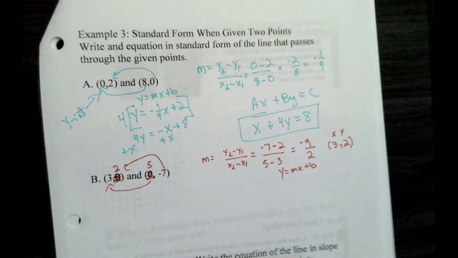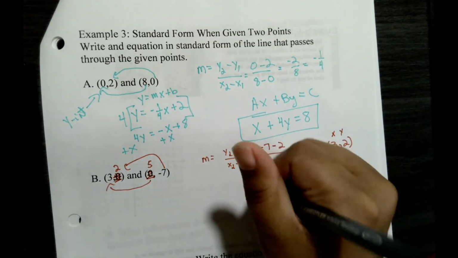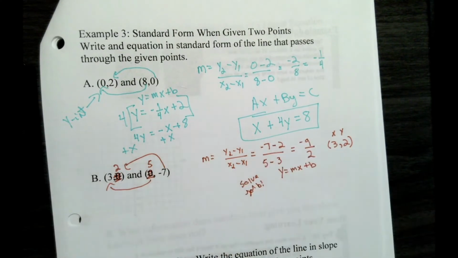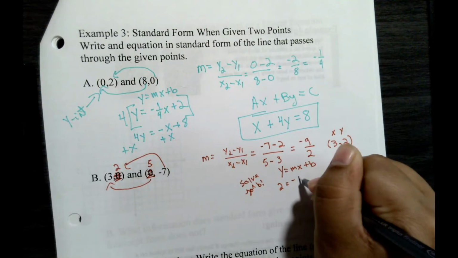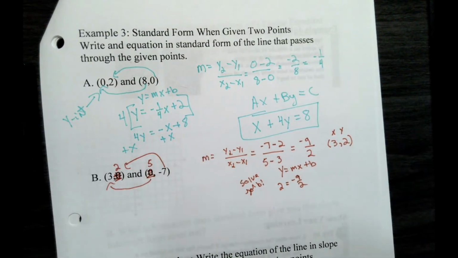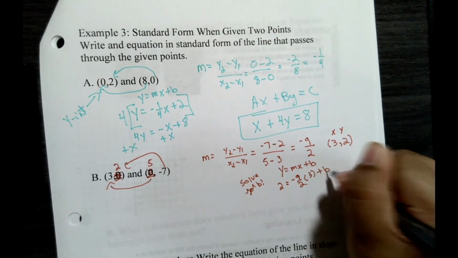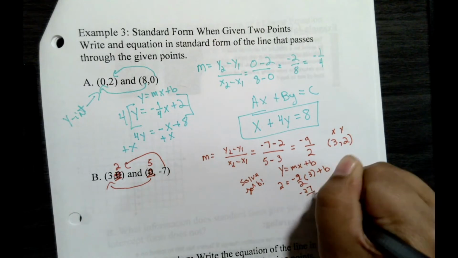We know that y is 2. Negative 9 over 2 is our m, and we're multiplying that by our 3 plus our b. If we use our handy-dandy calculators, we get 27 over 2 when we multiply those. Our 2 over here hasn't changed, and we keep our b.